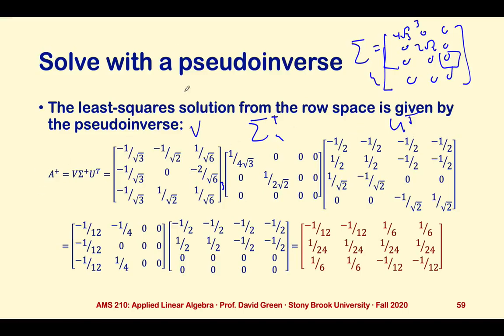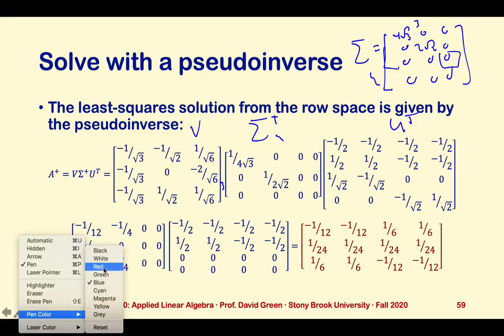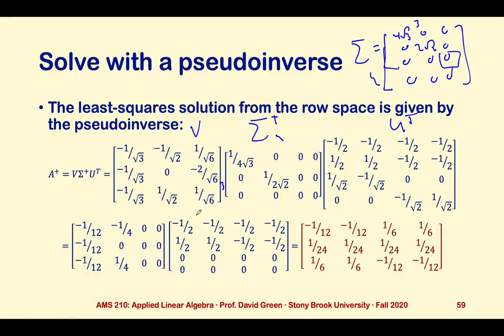Then we do the multiplication. I'm going to do the multiplication here in a slightly different order than I did in one of the previous examples. I'm going to multiply the first two matrices first for one reason: I have radicals in here and I'd like to get rid of them. When we multiply V by sigma plus, a diagonal matrix on the right, the effect of this product is to scale the columns of the matrix by the diagonal entries of sigma plus.